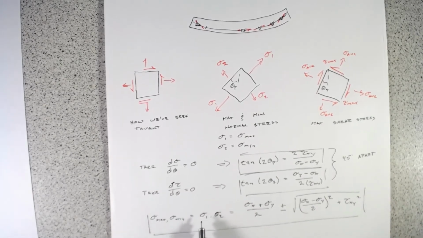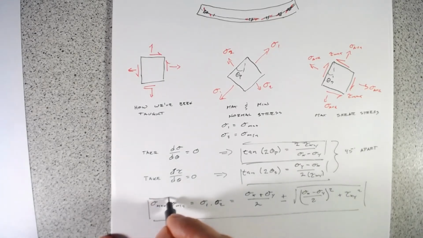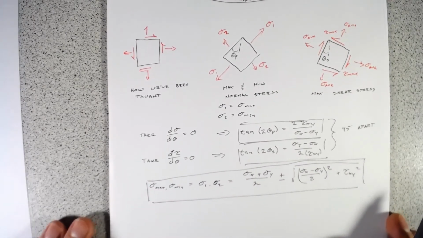Just for reference, sigma 1 is going to be our maximum normal stress, sigma 2 is going to be our minimum. And this is just by convention.